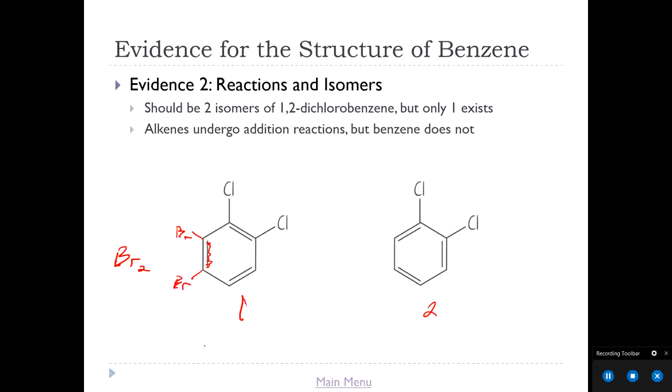But benzene does not undergo addition reactions. So that was another piece of evidence, because if it had this single double bond structure, we'd be able to add things to it quite easily, but we can't. So it does not undergo addition reactions. And one of the reasons is because of this resonance, it keeps it what we call resonance stabilized. We'll talk about that a little bit more later.